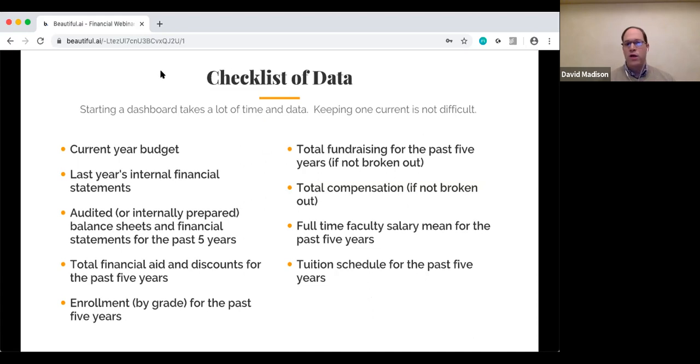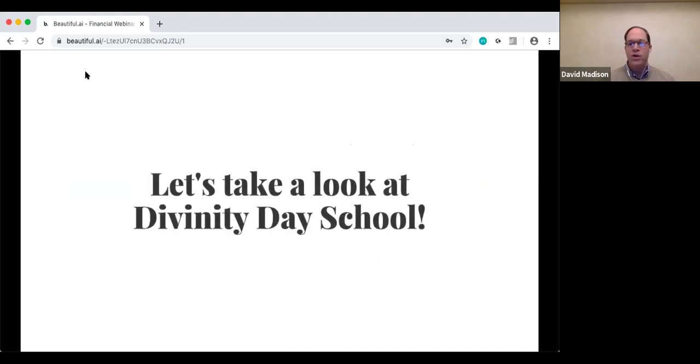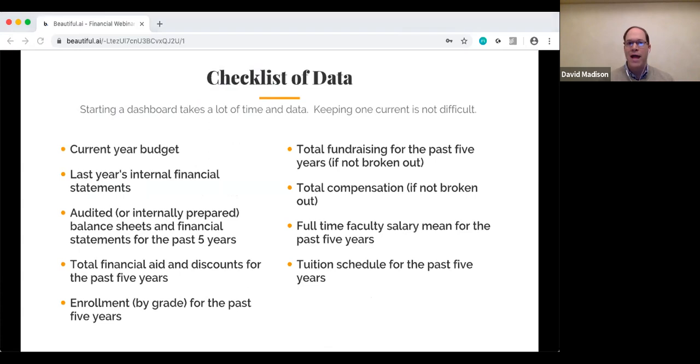Then the question comes, okay, that's great, but what data do we need to make all that happen? What we would recommend is to take this checklist and start compiling all of this information. If you compile these documents, then you should be able to create a dashboard similar to the one I'm about to show you.